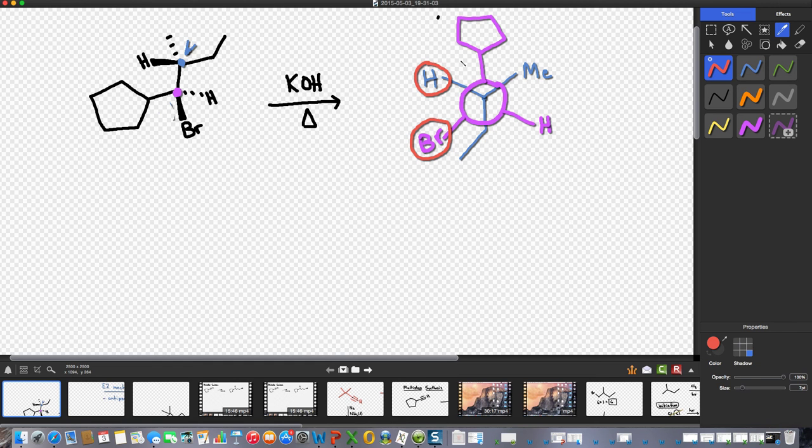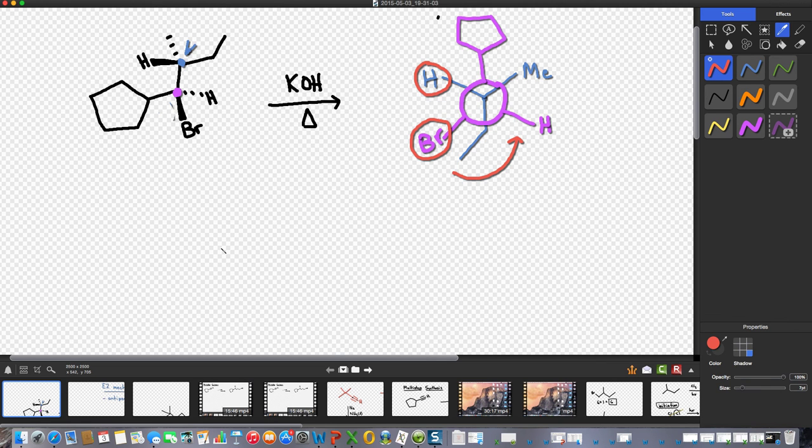Notice that that hydrogen and that leaving group are gauche to one another. They're not anti-periplanar. So what I need to do to get them anti-periplanar, I'm going to hold the front carbon steady, and I'm going to rotate the back carbon 120 degrees counterclockwise.